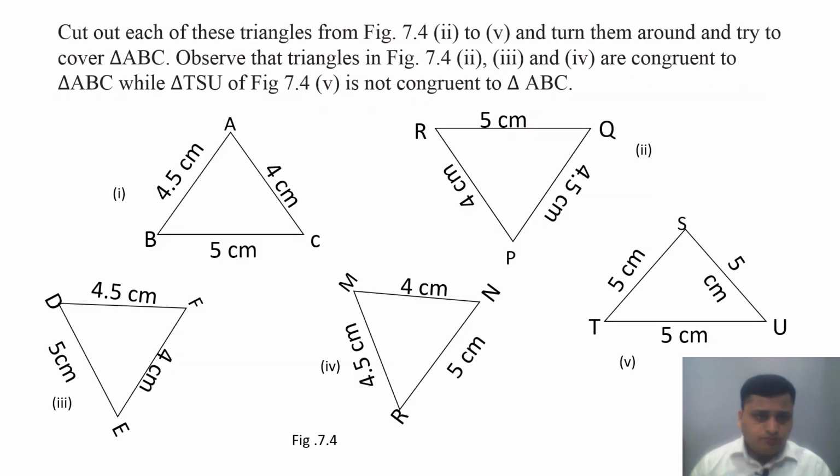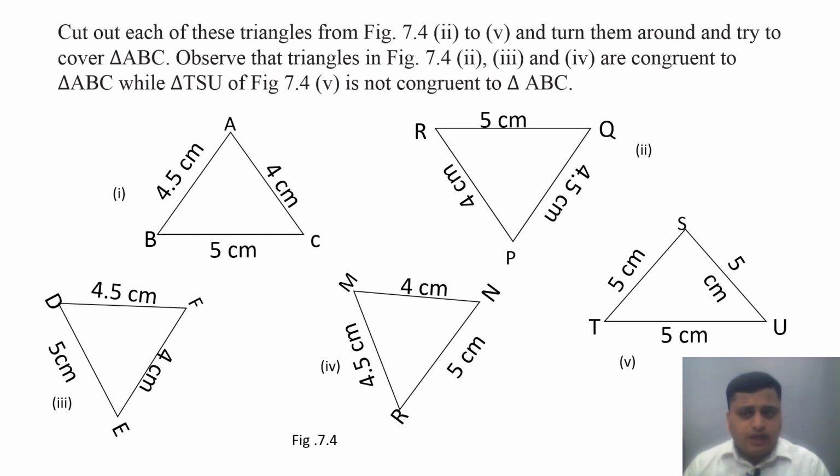See, you can see here figure 7.4. I have taken five triangles, named ABC, then PQR, then DEF, then RMN and TSU. Cut out these triangles from the figure. Cut out each triangle from the second to fifth part of figure 7.4, and turn them around.